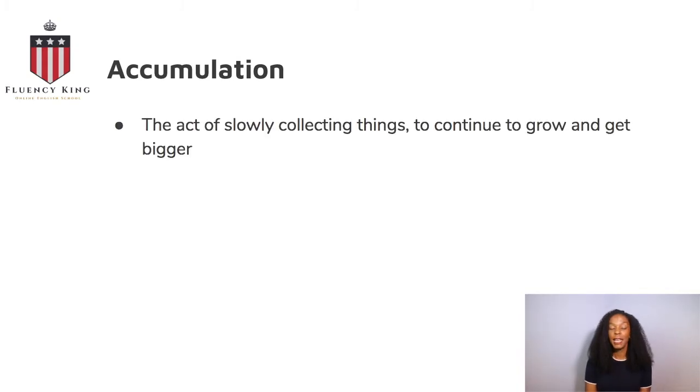Great. So now let's try a different word. Accumulation is the act of slowly collecting things to continue to grow over time and to get bigger over time. An example of the noun form is the accumulation of junk.